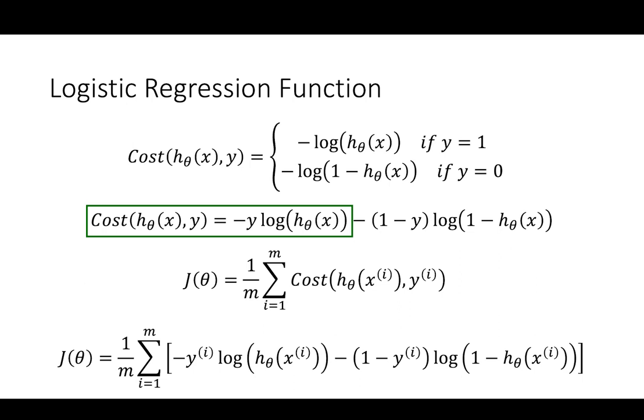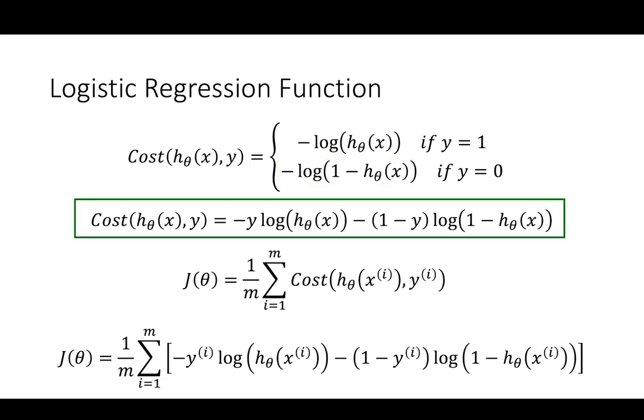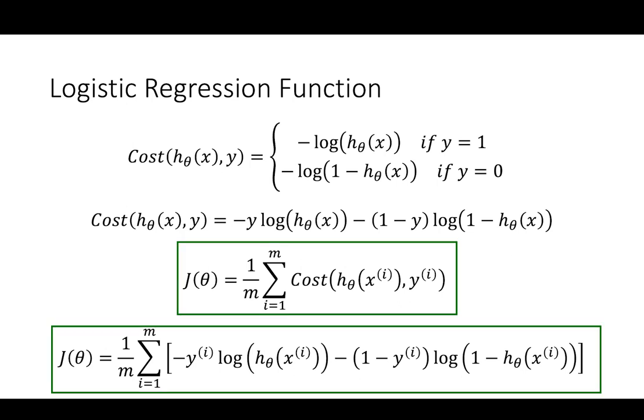And then we have this cost function, which is just essentially this. Now, if y is equal to 0, then this is 0, and this is 0. And then we are left with this, which is essentially this. So we write the cost function in terms of this equation, para ma-incorporate both y equals 0 tsaka y equals 1. And then we use that dito sa ating actual na cost function.